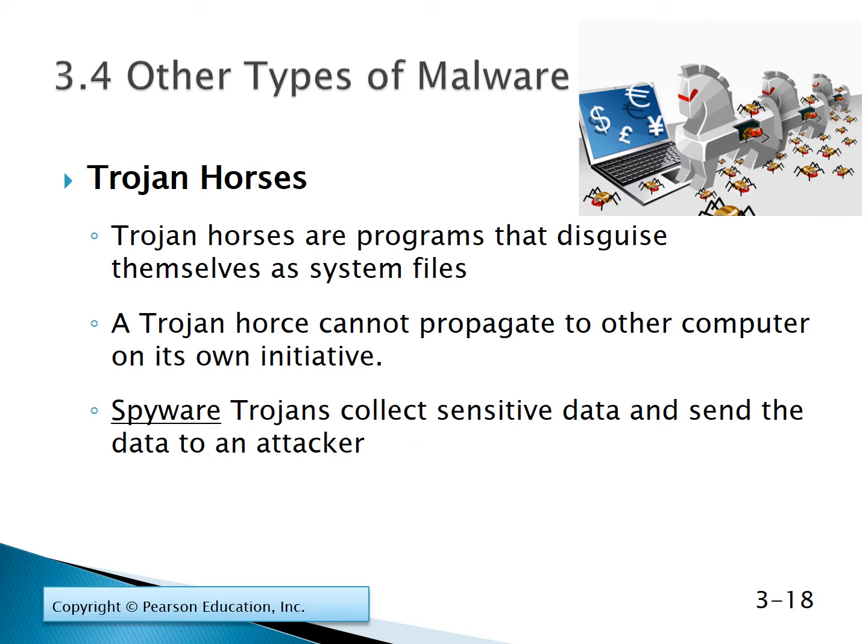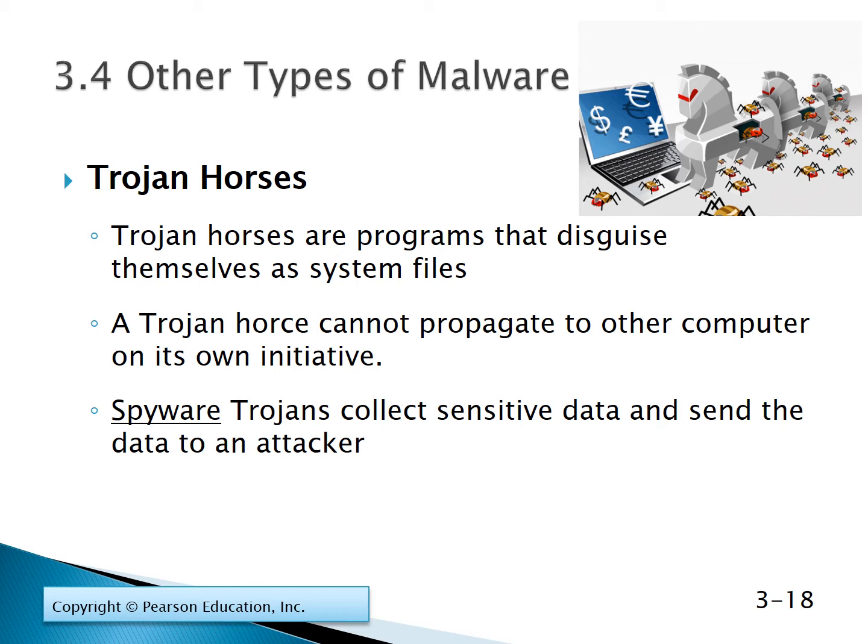So there's another type of malware called the Trojan horse. You know the story of the Trojan horse, where they hide the soldiers in a large wooden horse, right? So Trojan horses in IT are programs that disguise themselves as system files or legitimate program files. When you download something it seems to be legitimate, or sometimes they pretend to be a system file for Windows that you normally think is okay.